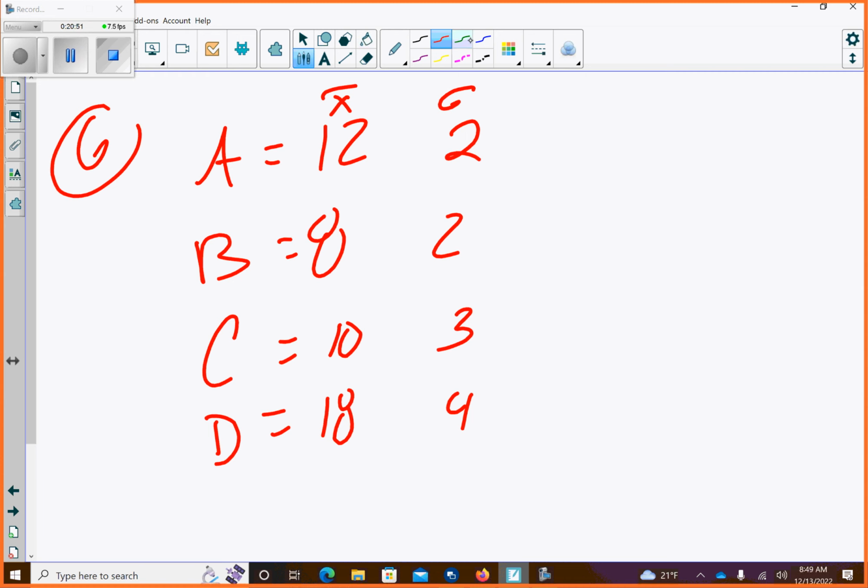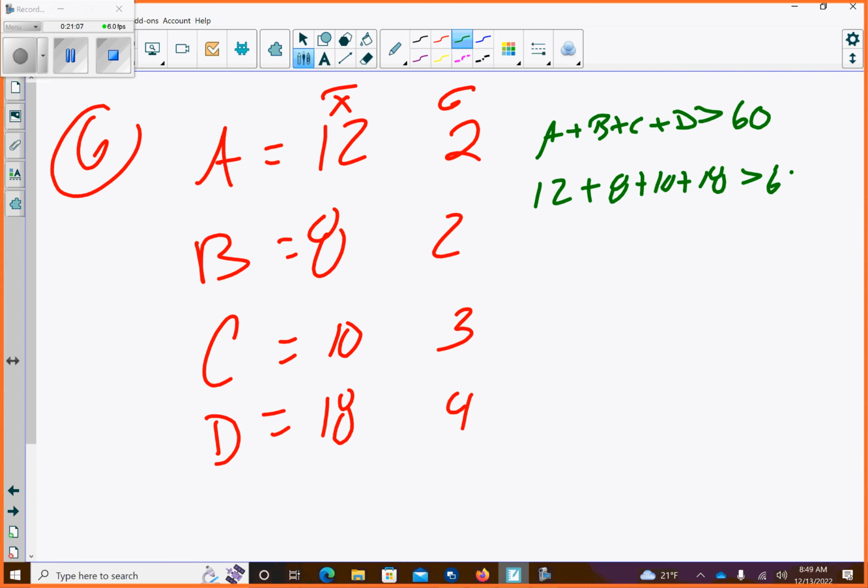So we want to know what's the probability that A plus B plus C plus D will take longer than an hour, so greater than 60 minutes. Okay, so I got 12 plus 8 plus 10 plus 18. So that's 20, 30, 48. So this is our combined mean of everything.